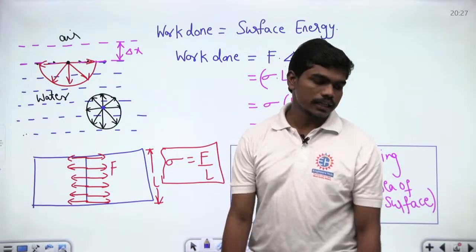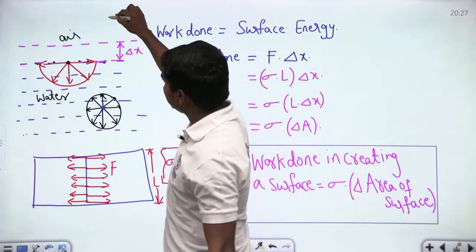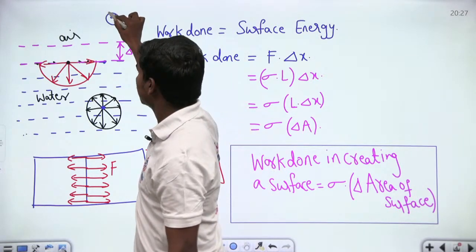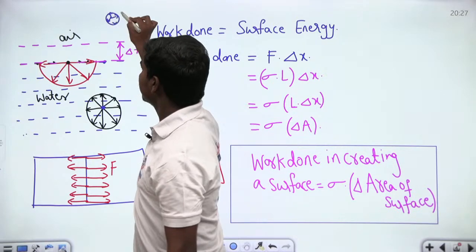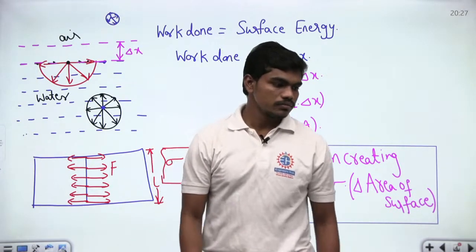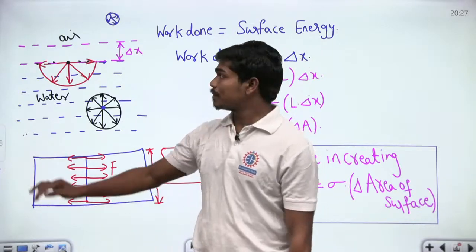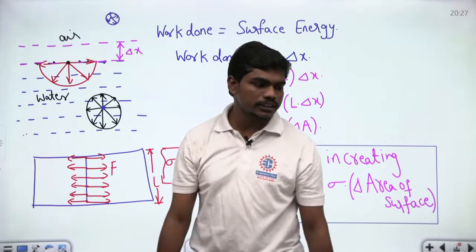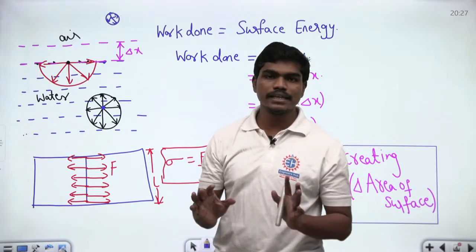No, there is nothing. Similarly, if you take any molecule in the air and observe the cohesion forces in all directions, will there be any surface tension at this location? No, there won't be any surface tension.